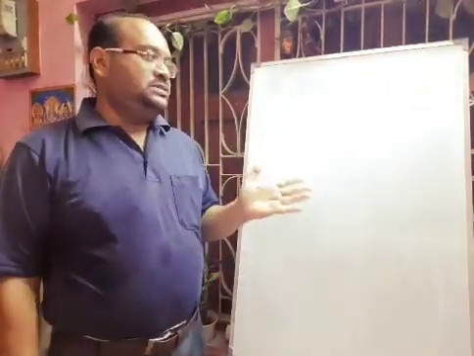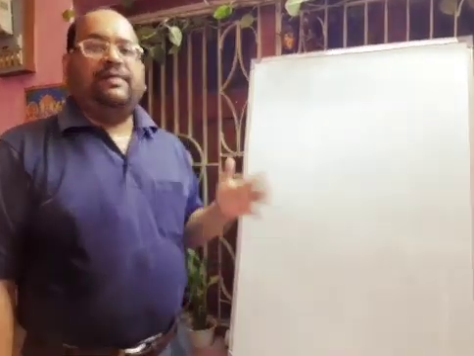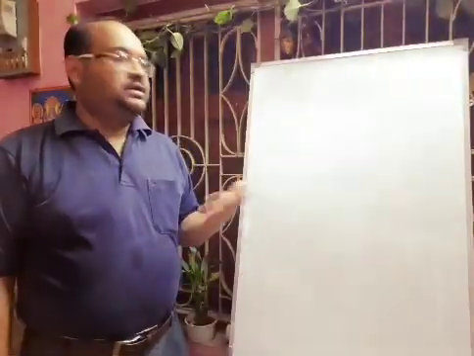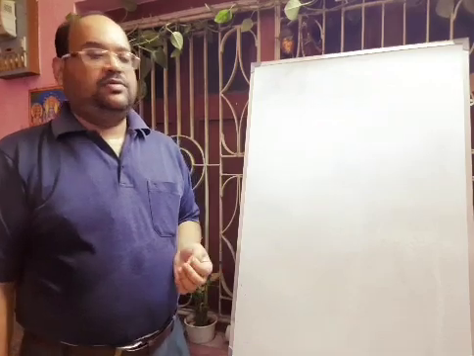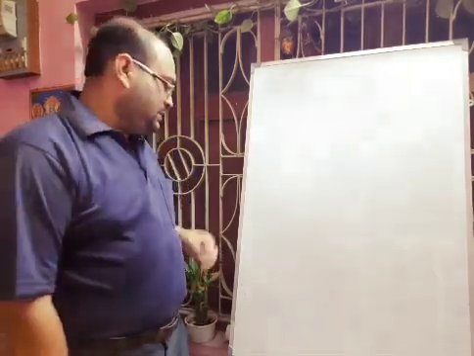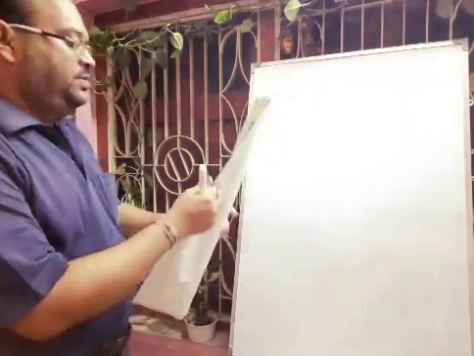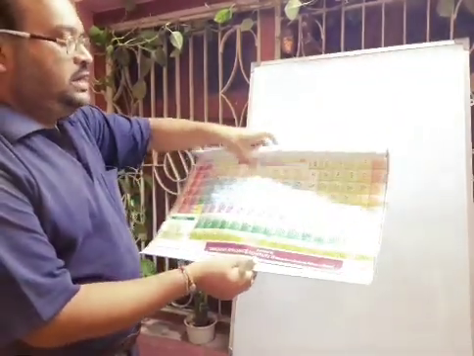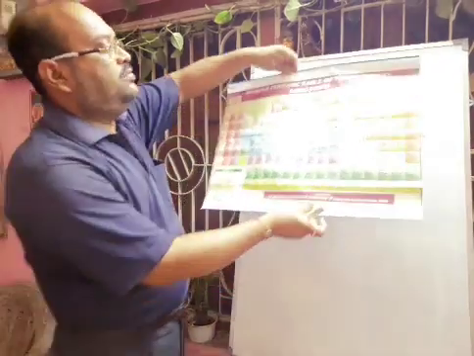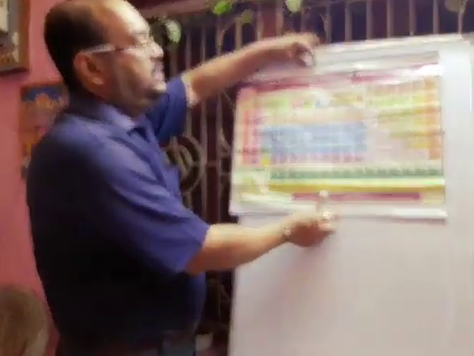Next, to remember this valency, we have to know a little bit about the periodic table that is given in your book. So first I will show you one periodic table. This is the modern periodic table, and you will get this type of periodic table in any book shop, or in any paper shop.